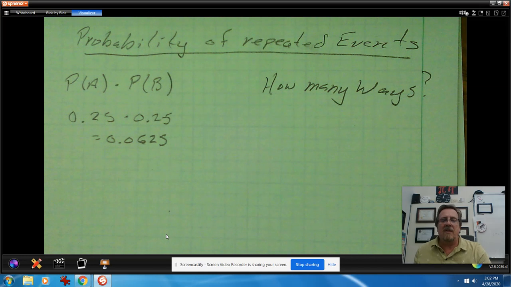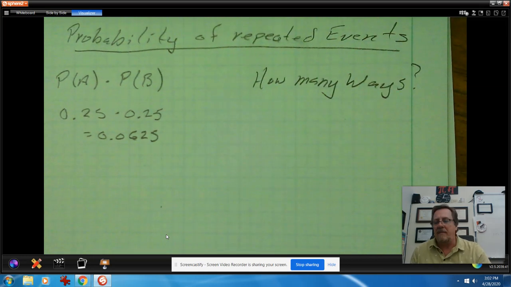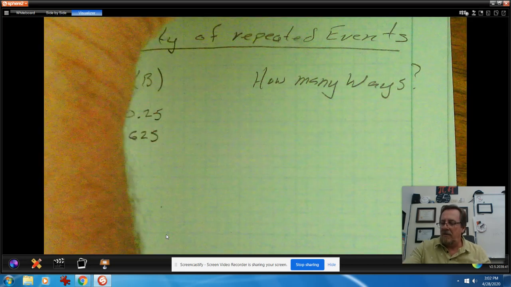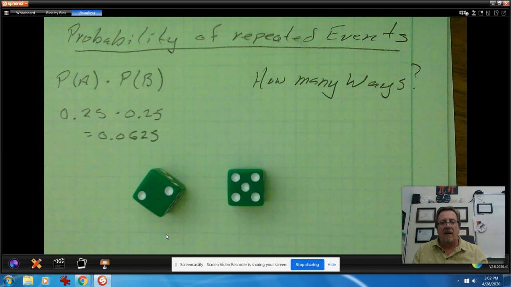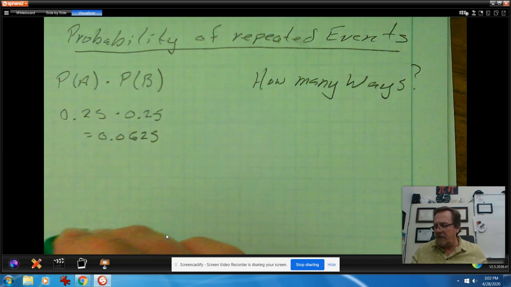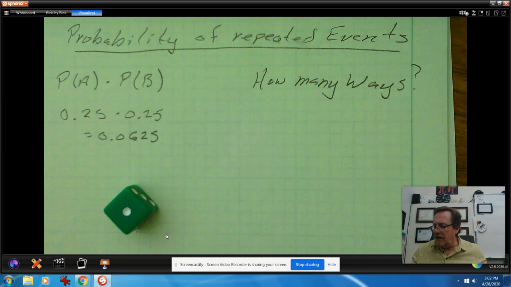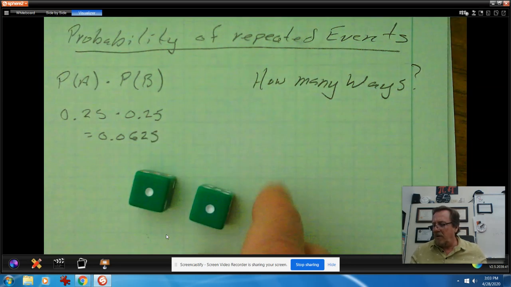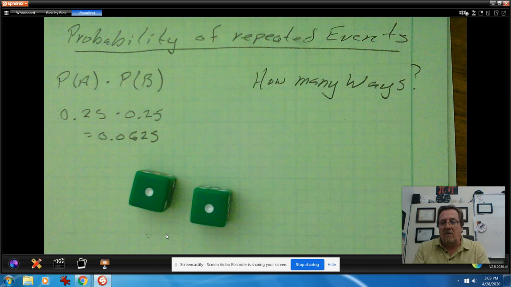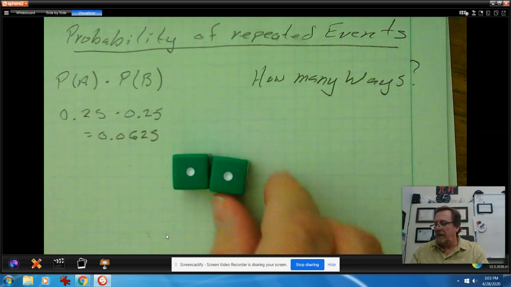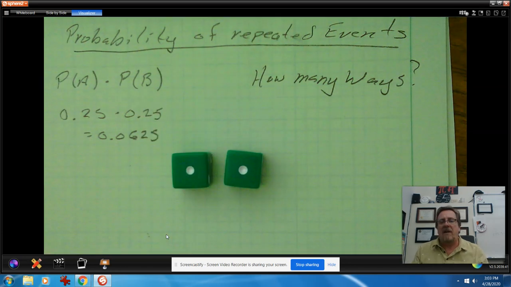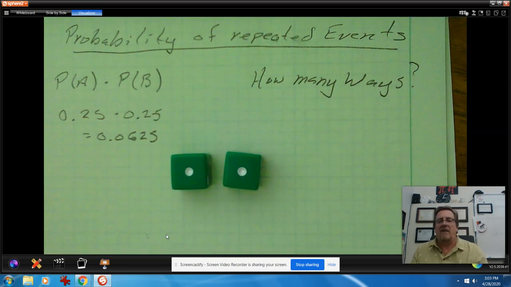But sometimes we're interested in a slightly different probability. Let's say we're rolling some dice. I've got some dice here. Ta-da! Hey, I rolled a 7. But let's not start with 7. Let's start with a simple one. What's the probability when I roll a couple of dice, or roll one die twice, that I come up with a total of 2? Here's a total of 2: 1 and 1. When we're looking at this, we have to think, how many different ways can that occur?